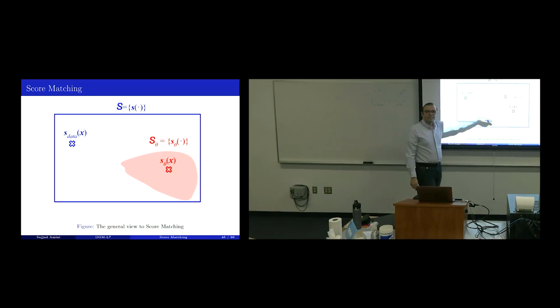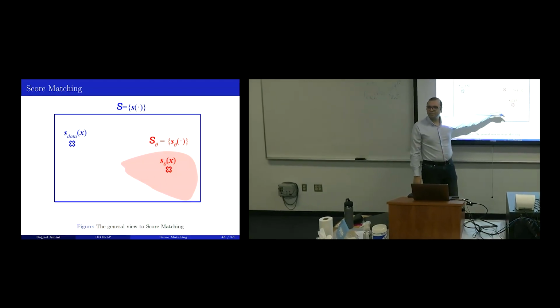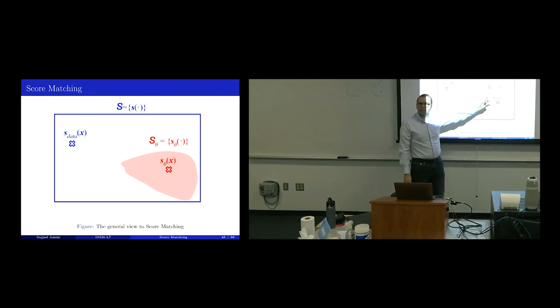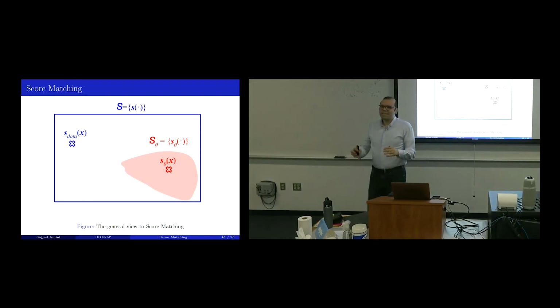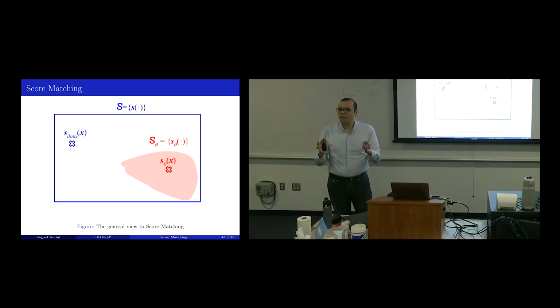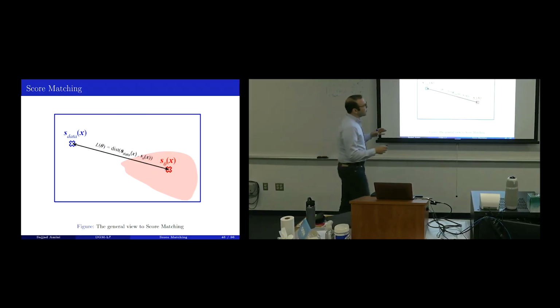Then, instead of characterizing my family in terms of the probability PDF, I characterize my family in terms of score functions. I select a family of score functions, and I design my distance based on the score functions instead of the distributions. Previously, we designed it based on the KL divergence.